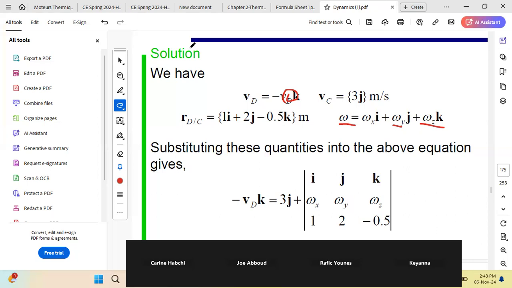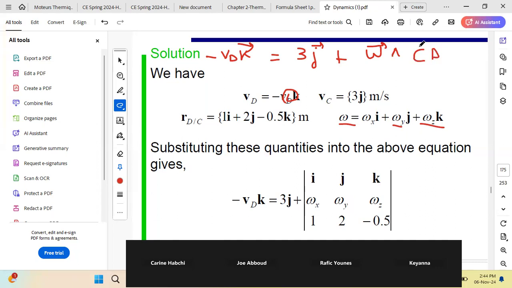Let us discuss how to do it, okay? So first we will write VD, which is minus VD k, is equal to VC, which is 3j, plus, we need to do now omega vectorial CD.